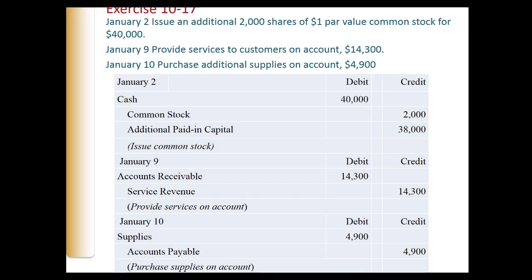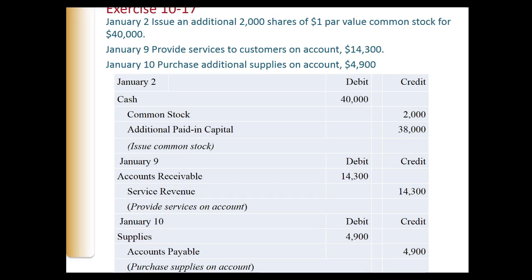So we debit our cash of $40,000. We credit common stock, 2,000 shares at $1 par value per share, $2,000. And then the credit for additional paid in capital of $38,000, with our memo, issue common stock.